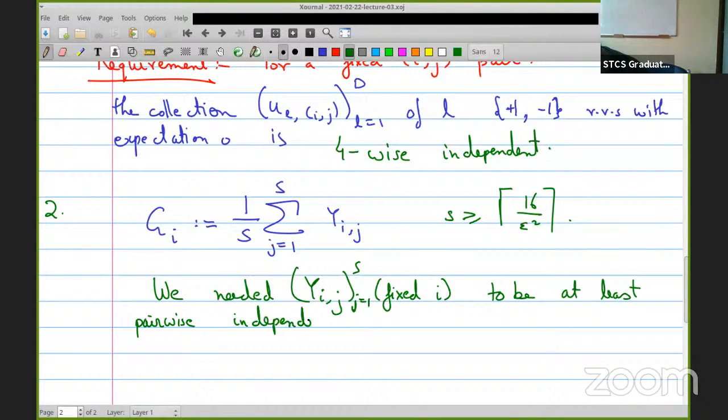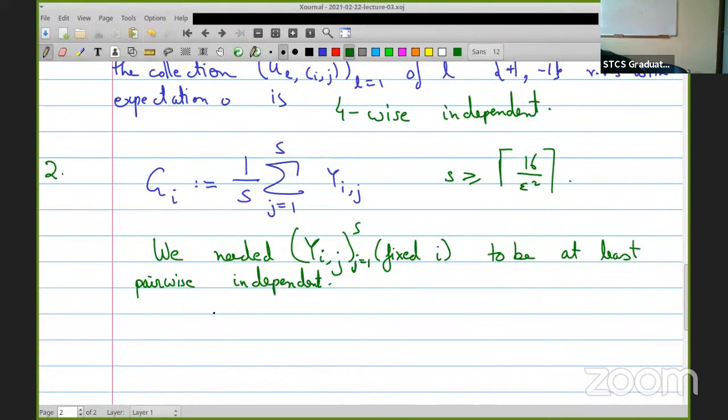But let's be generous and just assume that this is achieved by ensuring it. Let me do this later, once we have done that.